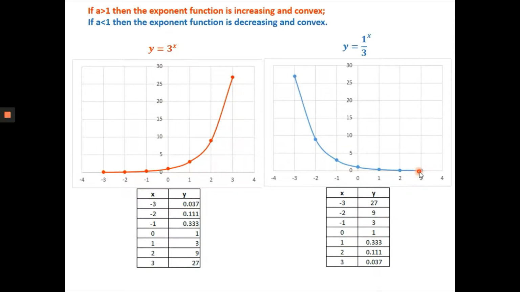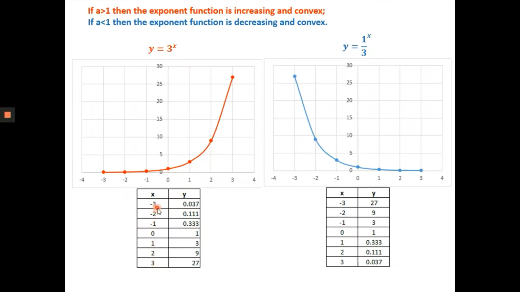Okay, and also what is shown for each graph is certain data points. So for example here, the exponential function is y equals 3 to the power of x, and we've just shown different values of x.